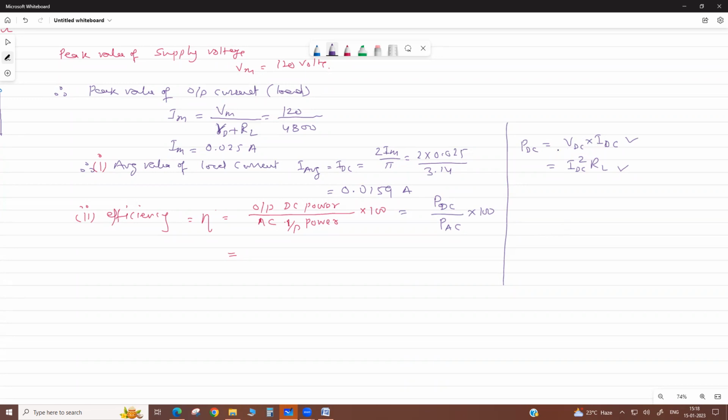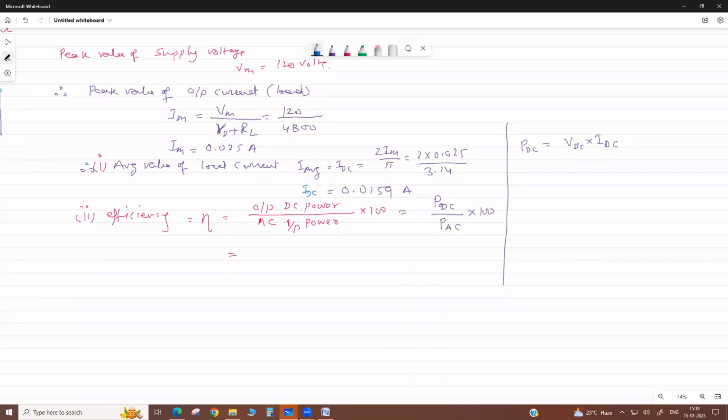Either we can use this formula for output power in DC, I square RL, or voltage into current. So with the voltage into current we can calculate, or either you calculate by this. This is also the same. Now actually current we know, DC current we calculate, IDC.